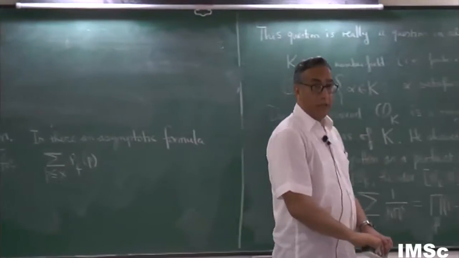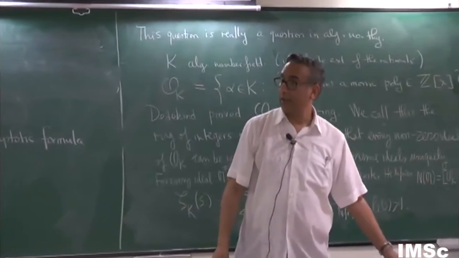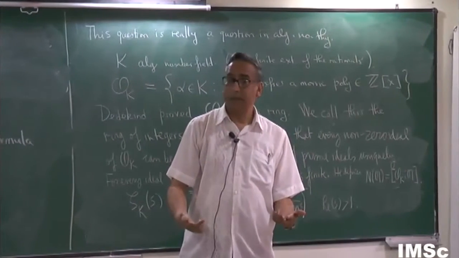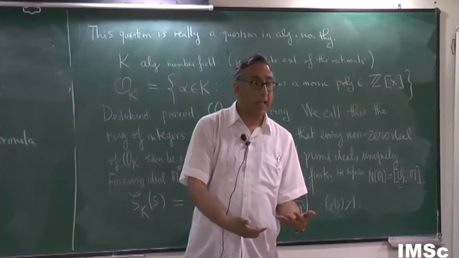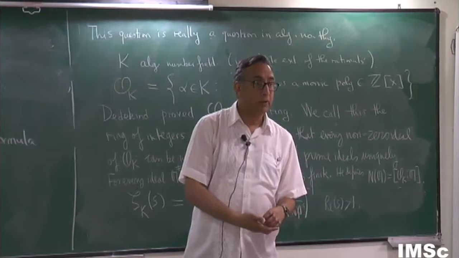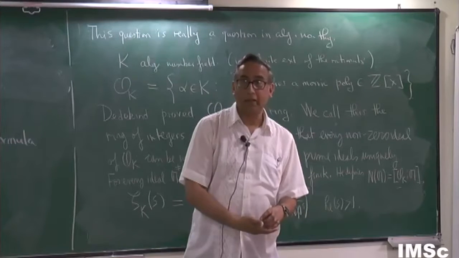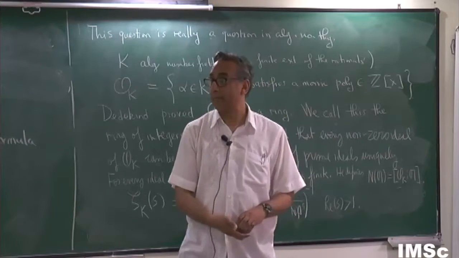And he asked the obvious question. Just like the prime number theorem is about counting the number of primes up to x, he wanted to know how many prime ideals there are whose norm is less than x.